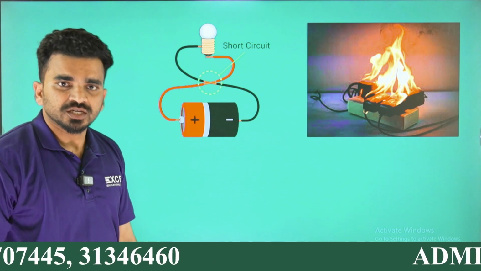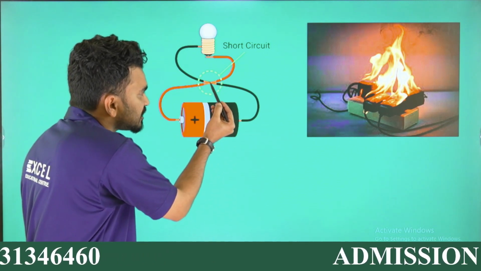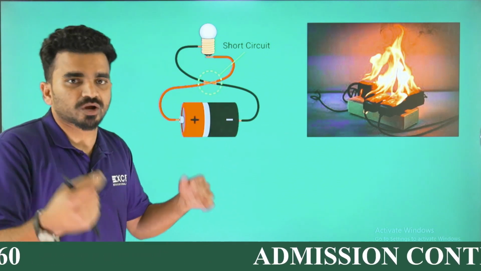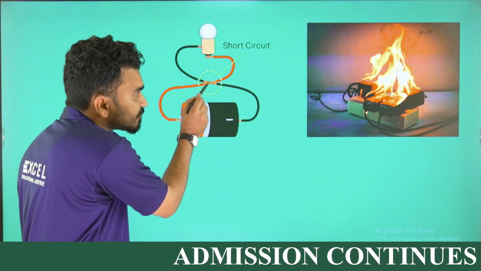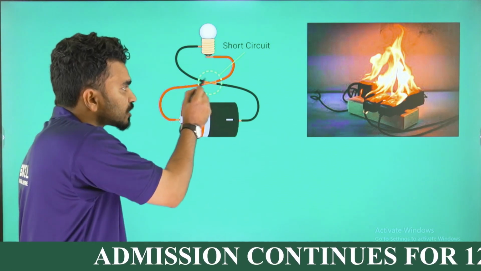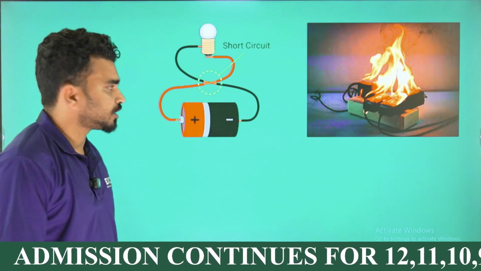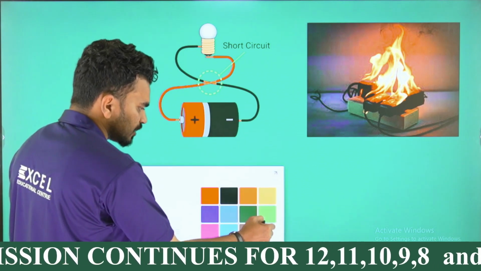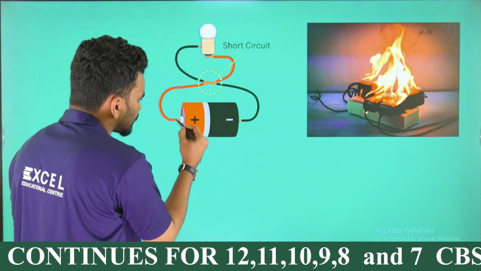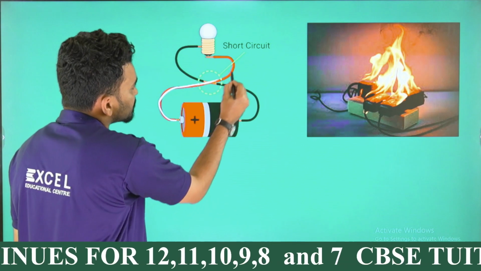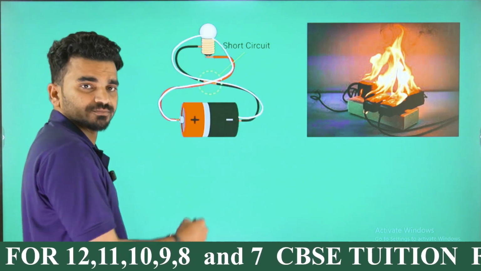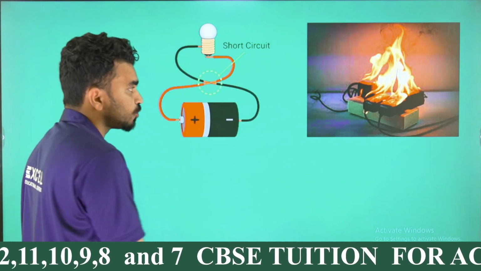Sometimes you can see the insulation of the wire is broken. Here, the insulation of the live wire and neutral wire is broken. Then what will happen? Will the current flow like this way through the circuit? What do you think? No, current never goes that way.